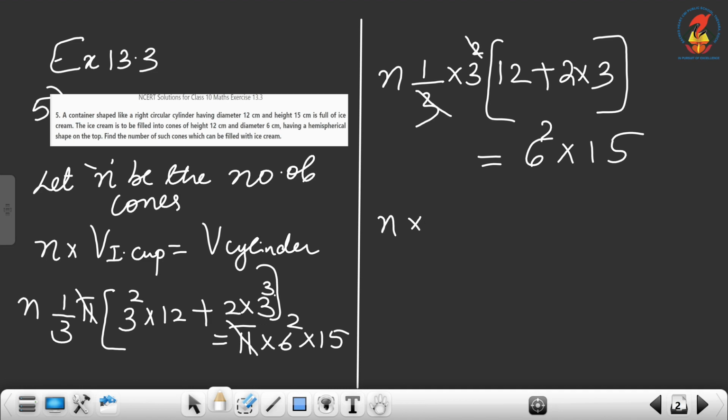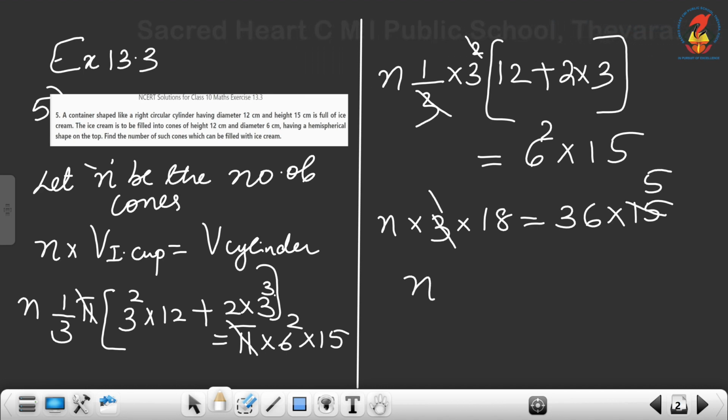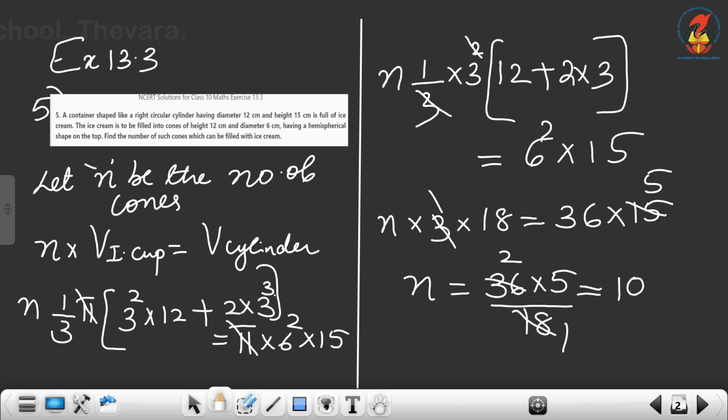So n into 3 into 12 plus 6, that means 18, is equal to 36 into 15. 3 1s are 3, 3 5s are 15. So n is equal to 36 into 5 divided by 18, which gives 18 1s, 18 2s, 10. Therefore, the number of ice cream cups or number of cones is equal to 10. 10 cones are there.